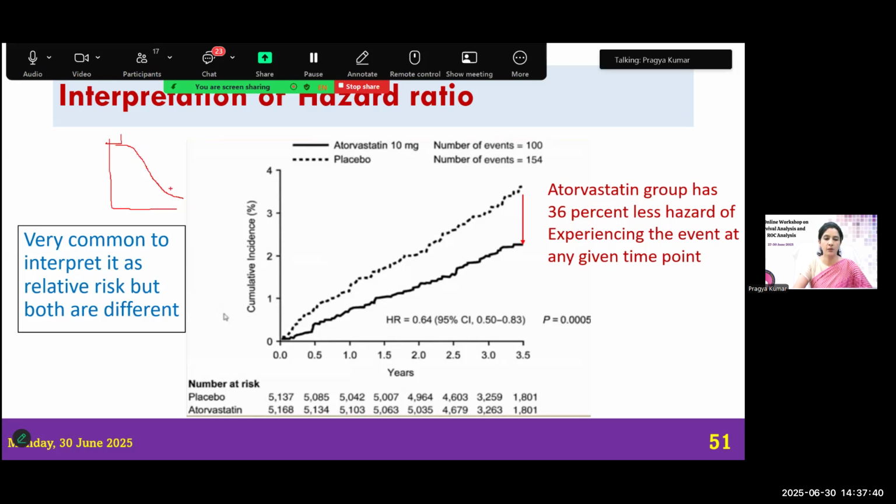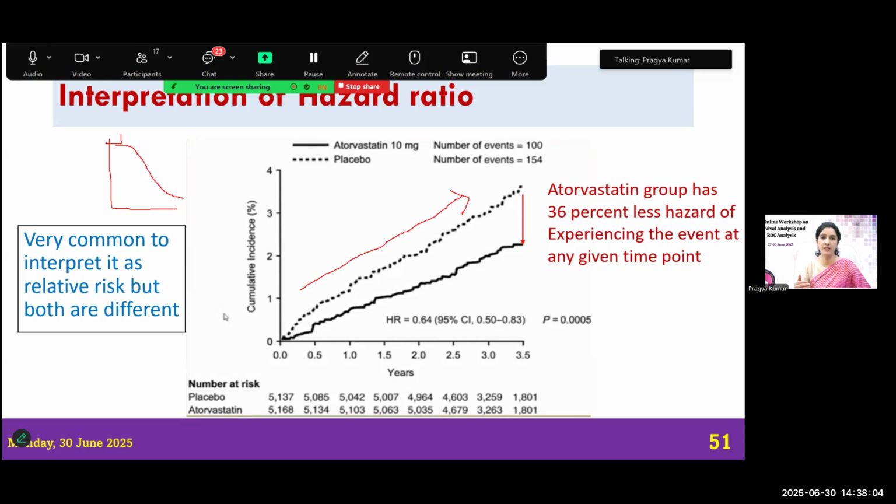But in contrast to survival, the hazard curve will always be increasing. Why? Because you assume that whatever event or failure you have defined will increase over time. Let's say cessation of breastfeeding: with time, there will be more children with no exclusive breastfeeding. If your event is death, with time the deaths will increase.